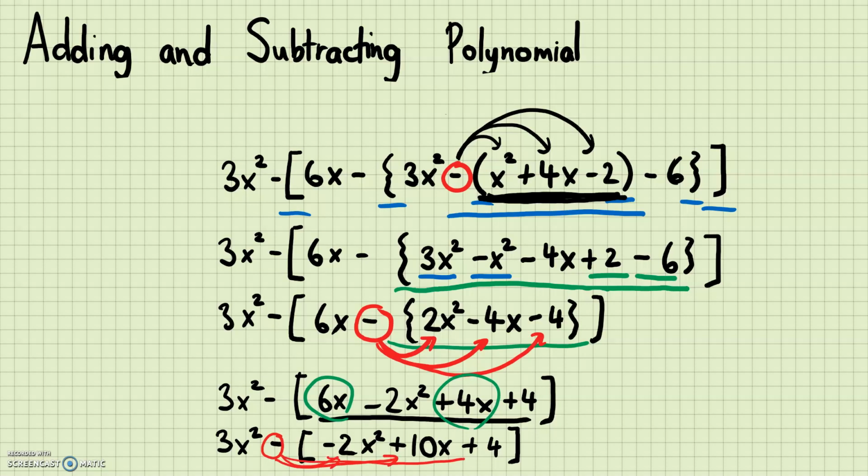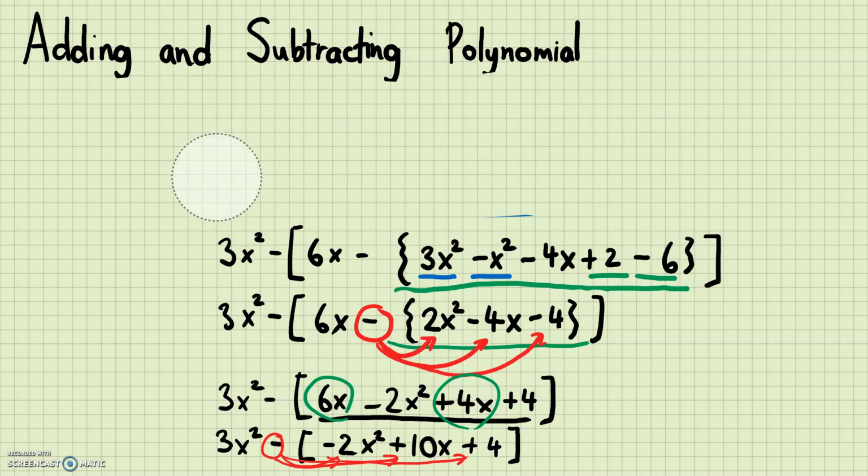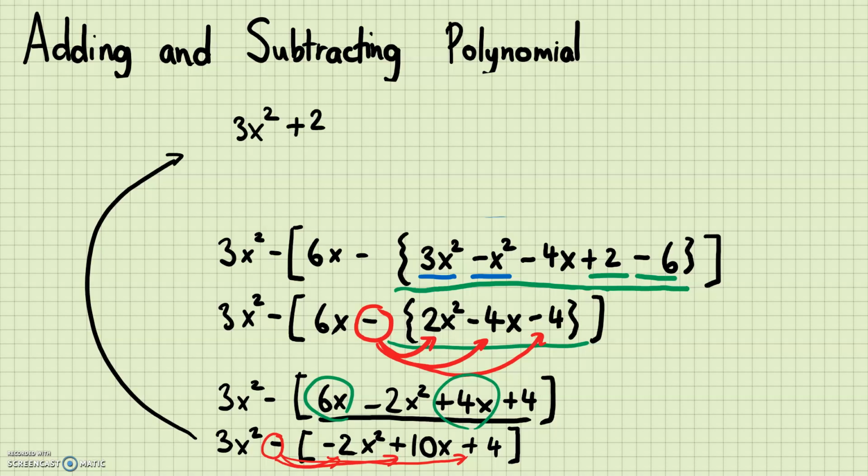Let me erase the first line here so that we have a bit of room. Okay, I'll write this up here. So we have 3x squared, and the negative is being distributed, so we have plus 2x squared minus 10x minus 4.